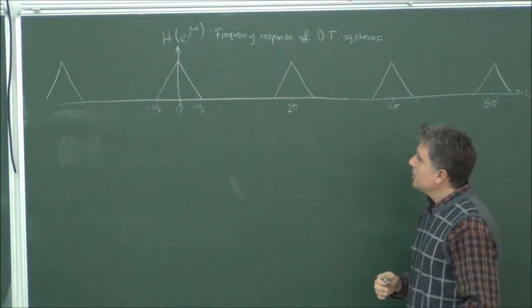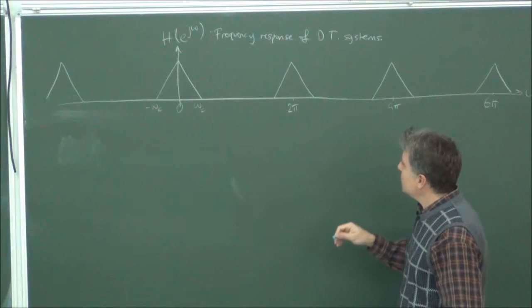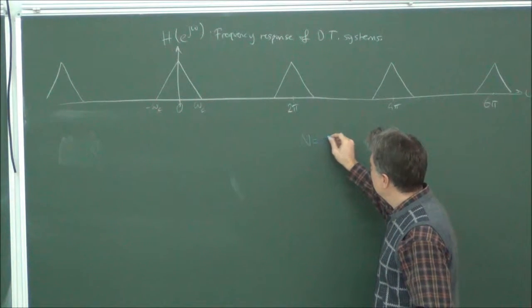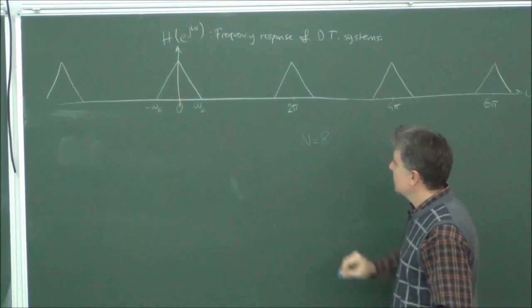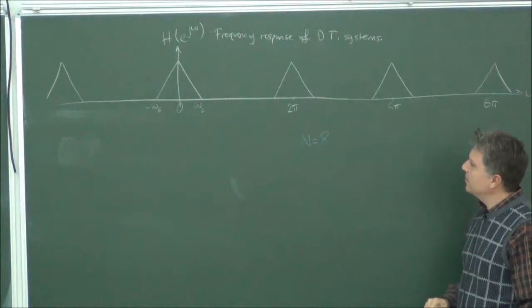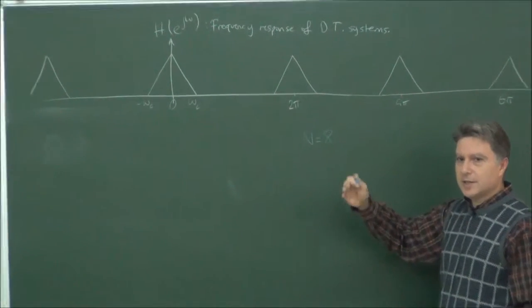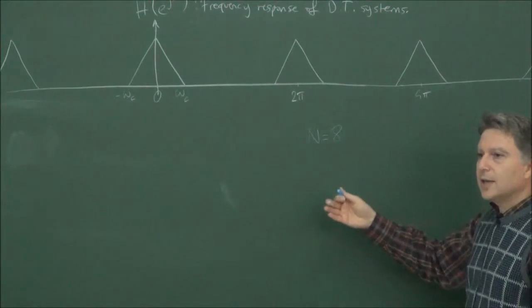So in the spectrum you have Fourier series coefficients. Let's assume N is equal to 8. Okay. If the period is equal to 8, it means you have 8 distinct Fourier series coefficients. And where are they located?